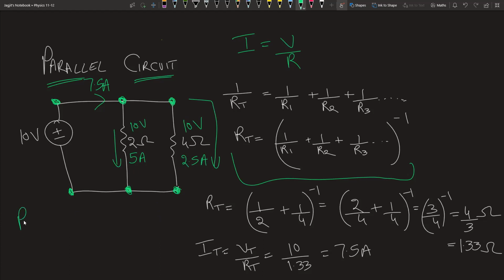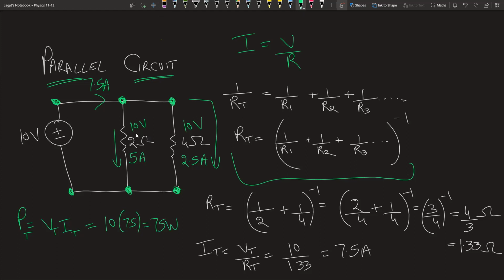Now they might say, okay, what's the power supplied by the circuit? So you say power total is V total times current total, VI. My voltage total is 10, and my current total is 7.5. That means we have 75 watts of power in there.